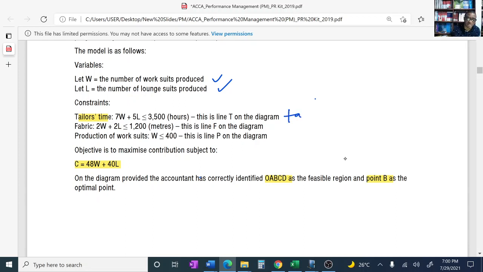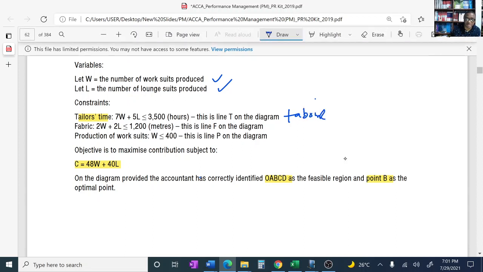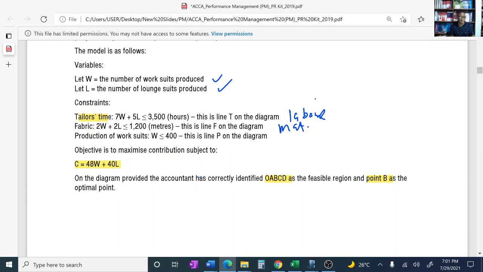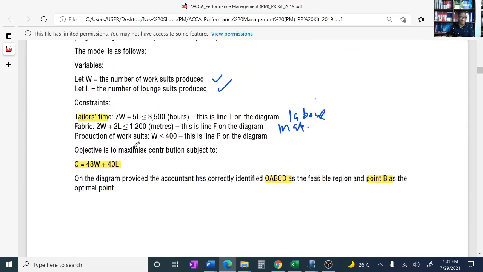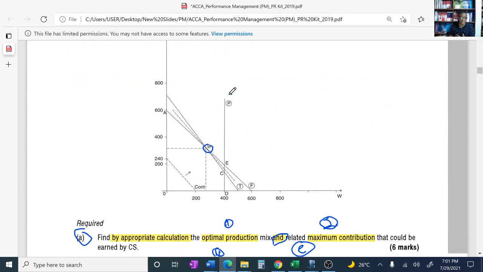So we could call this labor. Then fabric, which it says material, 2W plus 2L, we don't have more than 1200, which is the line F. So the line F and T is shown in a diagram we can see coming down here. Then it says production of work suits, demand will not exceed effectively 400 units, and that is the line P also shown there. I can see P here.